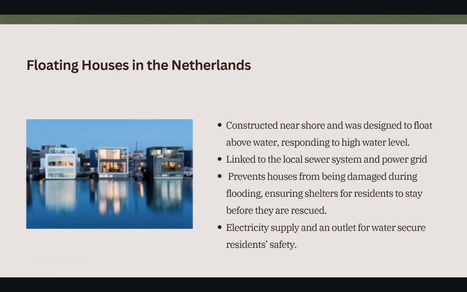The floating houses are constructed near shore and designed to float above water, so they have a local sewer system and power grid. This prevents houses from being damaged during flooding and ensures a safe place for residents and community members to stay before they can be rescued. It also shows that an electricity supply and an outlet for water secure resident safety.